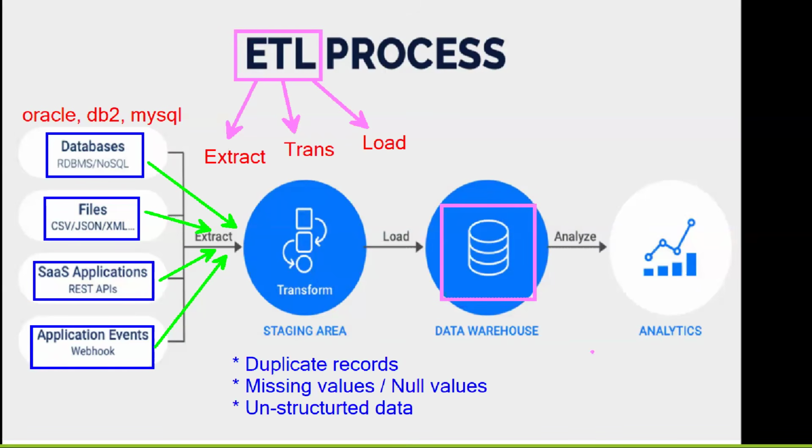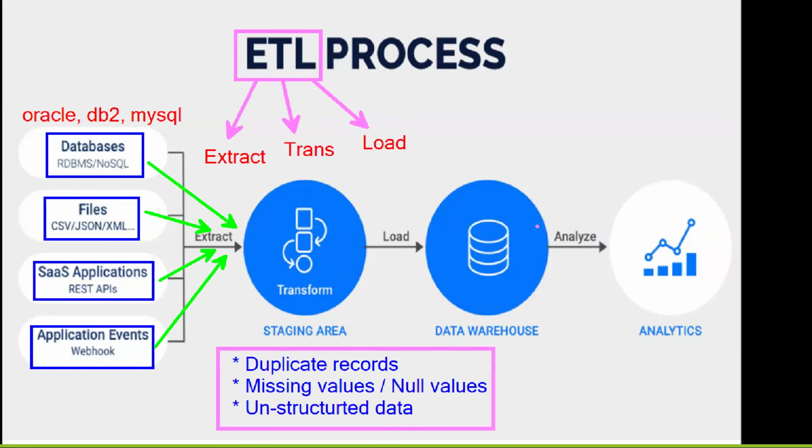So the data we gathered can be processed here, and the processed data can be loaded in the data warehouse. And finally, this data can be used for analysis. Is it clear? The processed data can be used for analysis. So now I can say this is the source of truth.